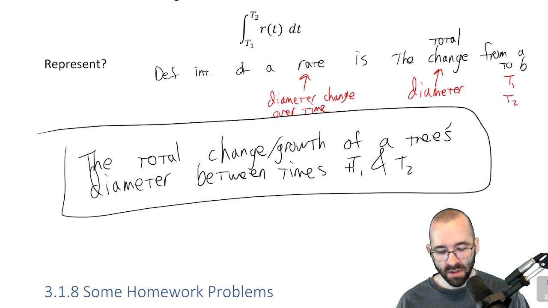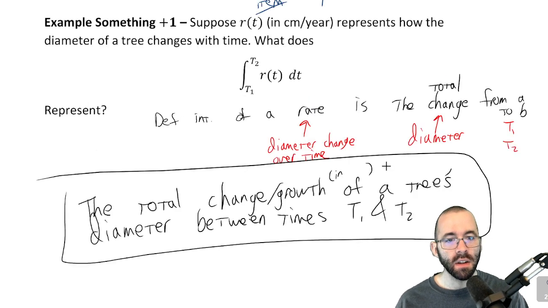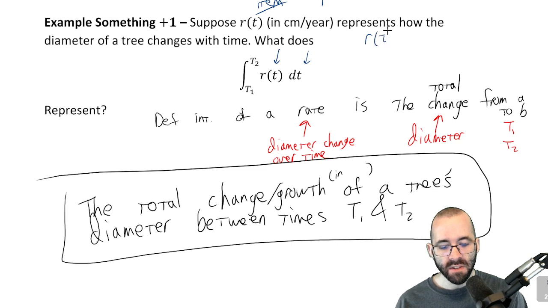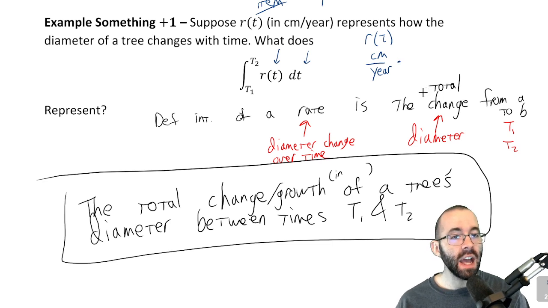What are the units here? It's always the units of y times the units of x. So the units of r of t were given in centimeters per year. Unit of x is time.